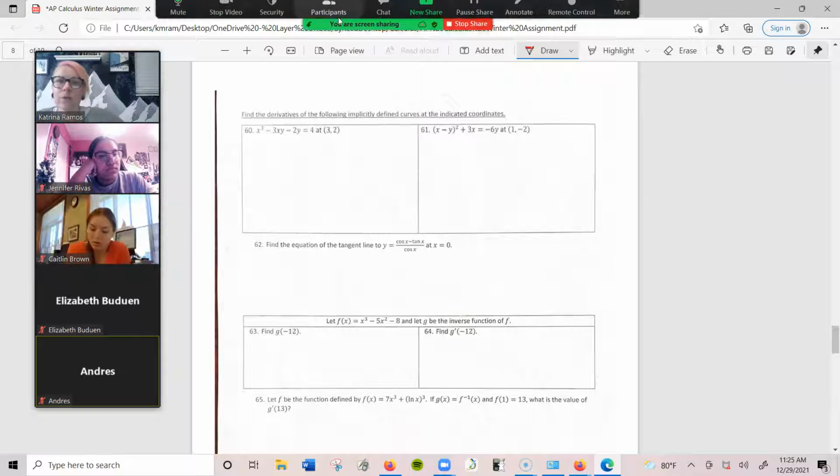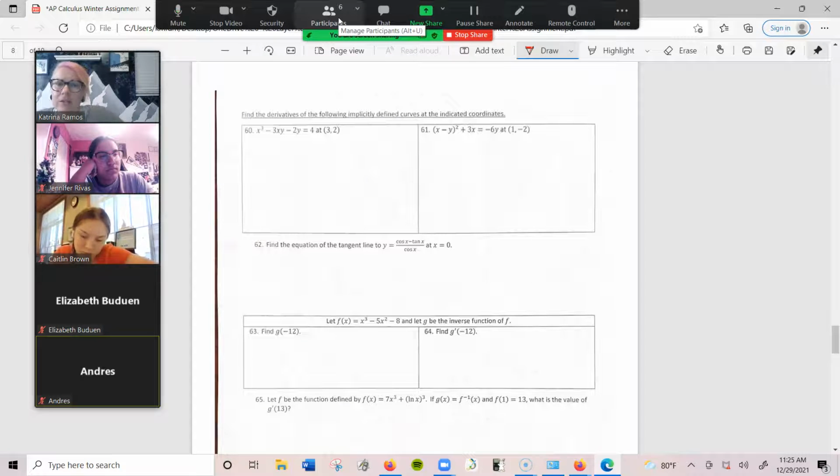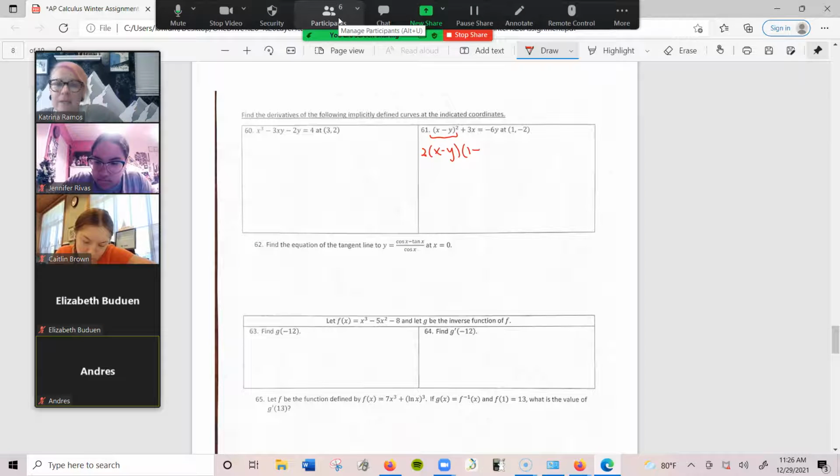Okay, so for the first part here, we have x minus y, all of that being squared. I'm going to apply the chain rule for this part. So that's going to be 2, we leave the x minus y alone, subtract 1 from the exponent, so that'll just be 1, times the derivative of the inside, which is 1, minus, and then the derivative of y is 1, and then we multiply it with dy dx.